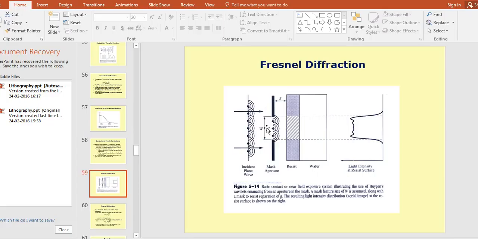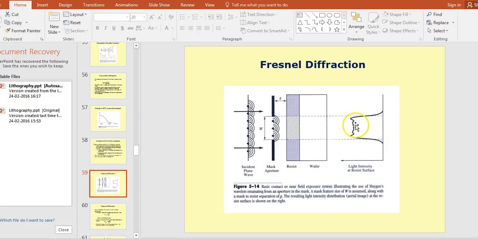But if we increase the gap between the mask and the wafer, the intensities from the corner will keep on decreasing. So in case of proximity, it will be slightly blurred at the edges, but in case of projection printing, the maximum intensity will be only in the middle of the image plane.